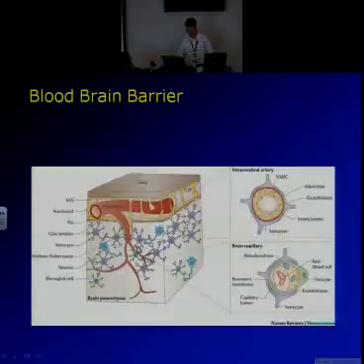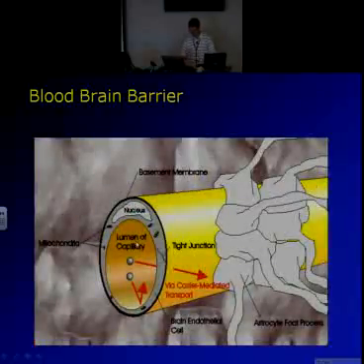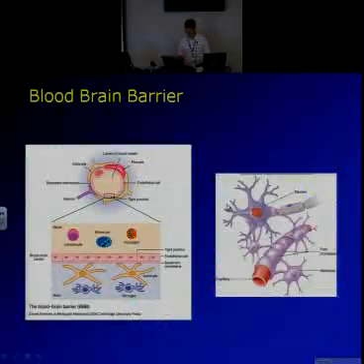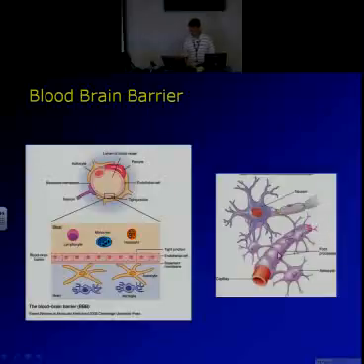So these are pretty complicated areas, with different transition areas creating this barrier. It's a pretty ingenious way to do so, and obviously critical to keep this environment different from that environment, and to only take what you want out of that blood and make sure it's in the CNS for your core function. I thought that was a nice artist's rendition of the capillary and those astrocytes, literally making up that non-penetrating barrier. And this is one more artist's rendition of that, which shows you the nice 3D-ness of it all.